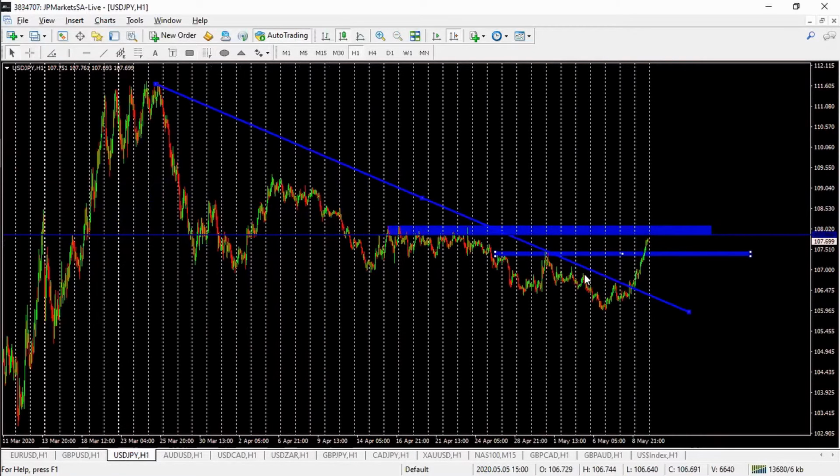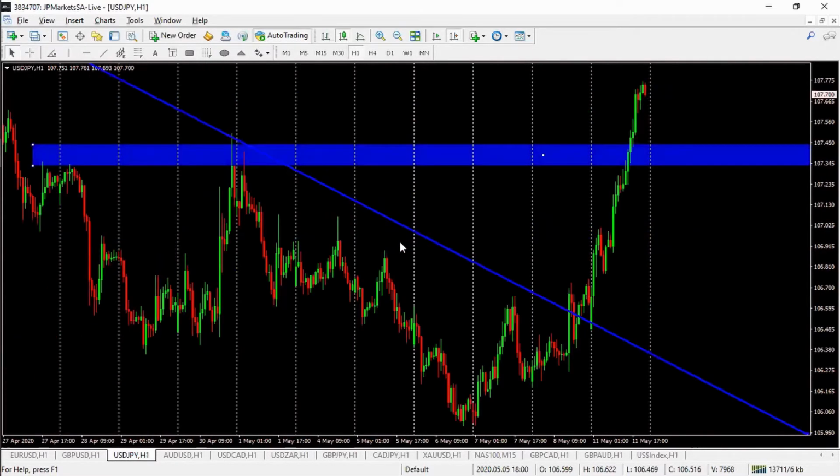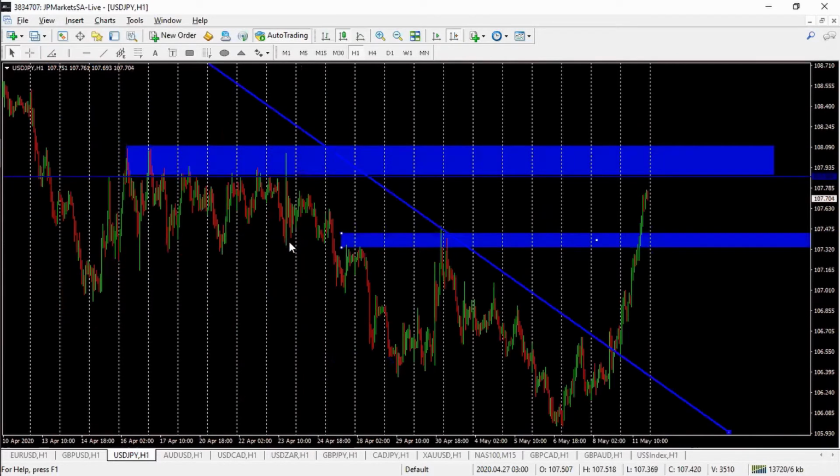More importantly, when you are trading to hold trades for a long time, you should look for structures like this one. You can see there's been a lot of tests, it's been tested so many times and it keeps on coming back.